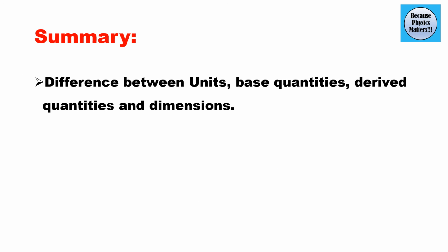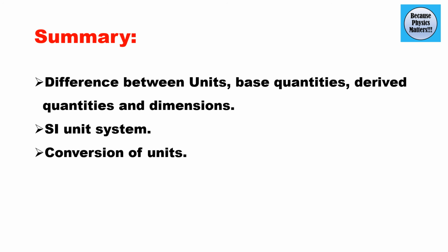So now in this video we have learned a few things. Let me summarize. First, the difference between units, base quantities, derived quantities and dimensions, which I have explained to you. Second, we have seen what the SI unit system is and how many base quantities there are according to it.